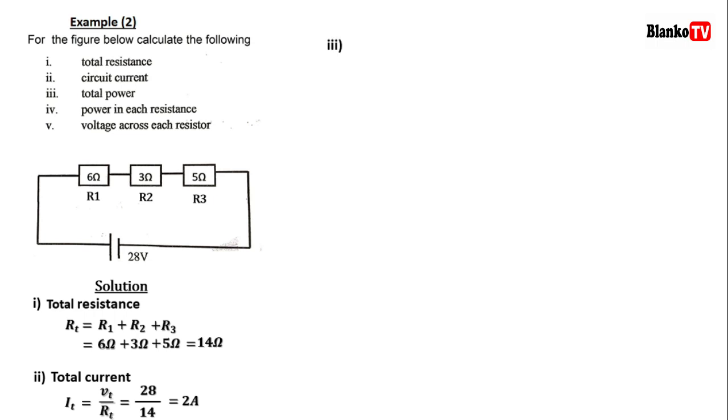Okay, so let's move on with solution III, which says we should calculate the total power. Because the circuit is a series circuit, the current is common. That means the current flowing through resistor R1 is the same current that flows through resistor R2, and is the same current that flows through resistor R3, and is the same as the supply current or the total current.